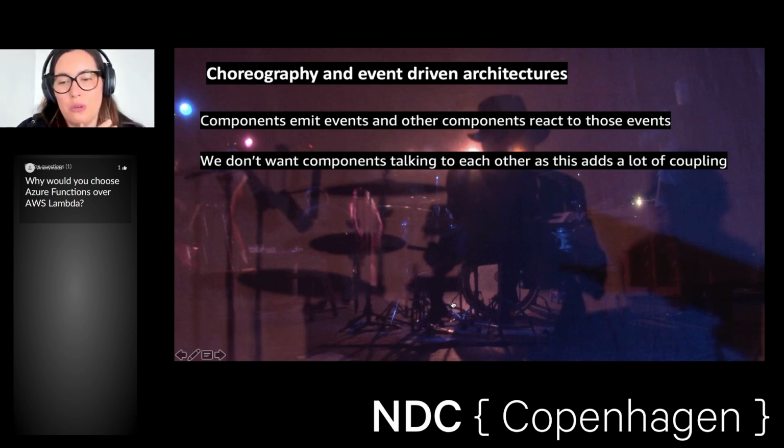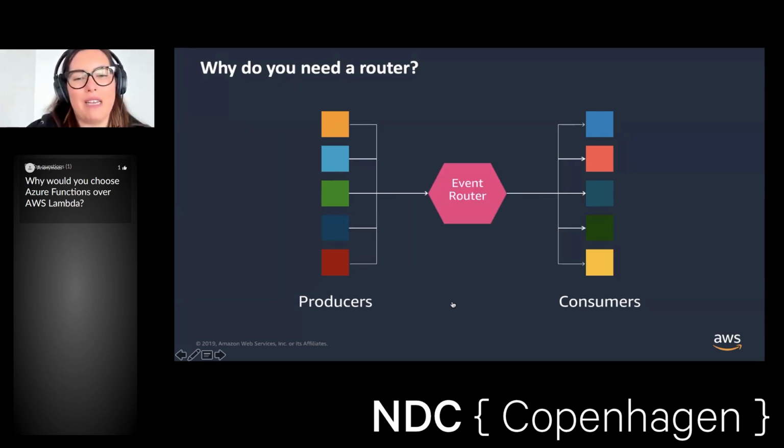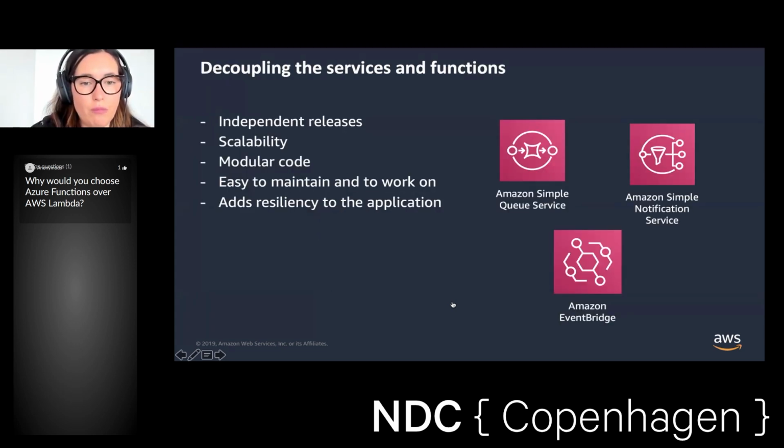But that's something we don't want. We don't want our components to talk to each other. That adds a lot of coupling and a lot of mess to our application. So we need some kind of router to avoid this mess of producers and consumers of events. It makes our code cleaner and decoupled from each other. So if we change Lambda A, then Lambda B doesn't get affected. We just need to change that, and that's it.